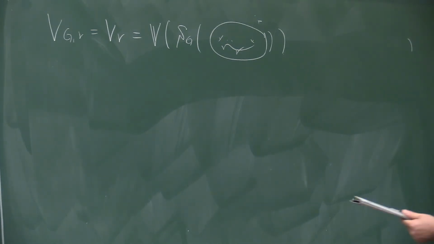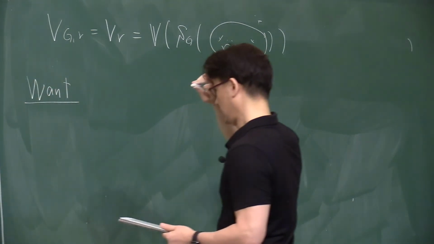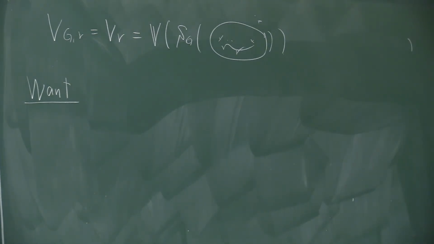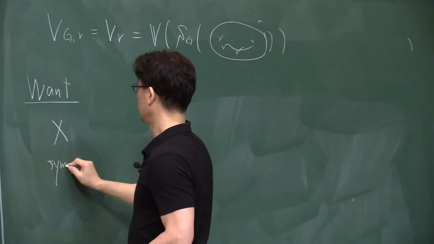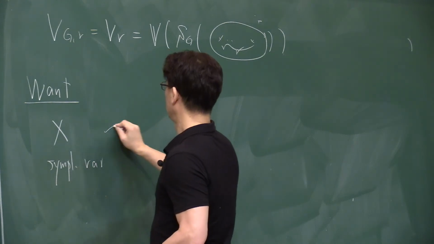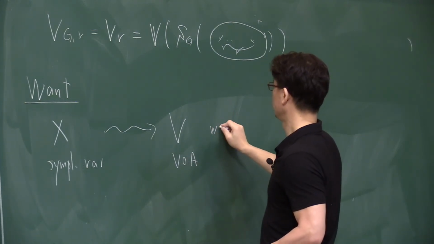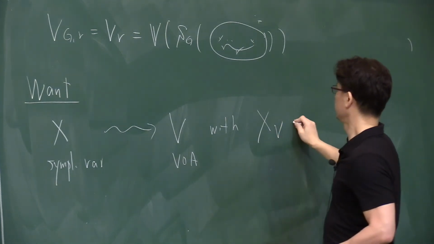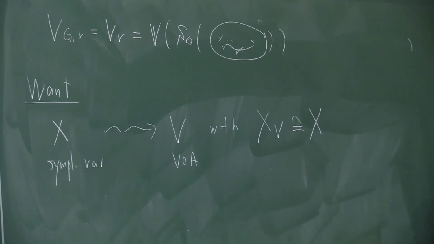I want to upgrade everything to the vertex algebra setting in such a way that we recover the statement for Higgs branches. So this means if you have a symplectic variety, you want to find some vertex algebra V whose associated variety is isomorphic to the given variety.